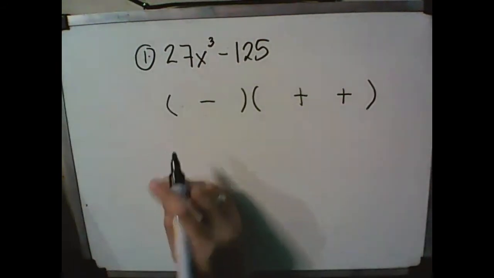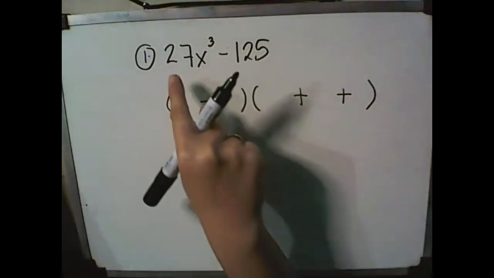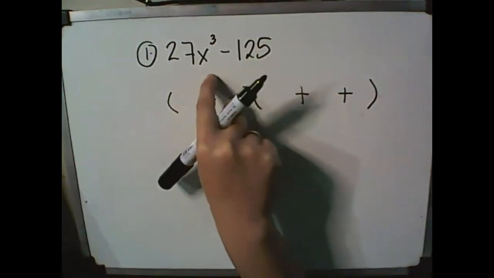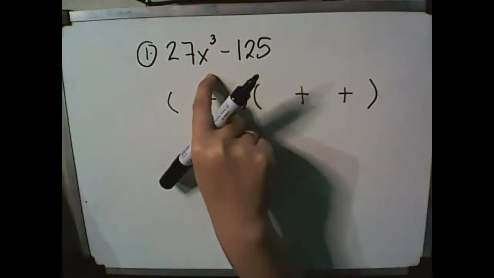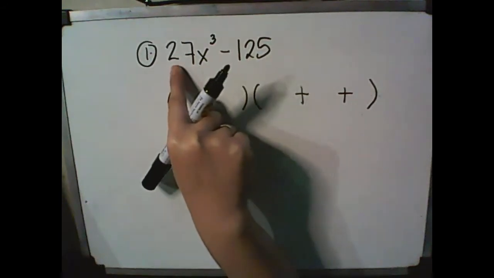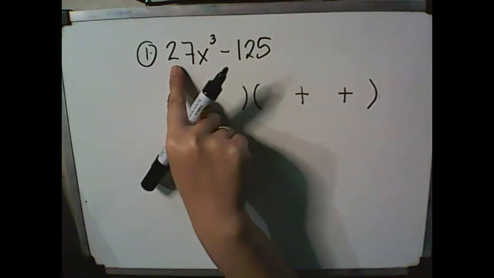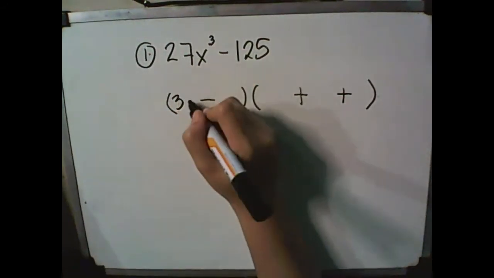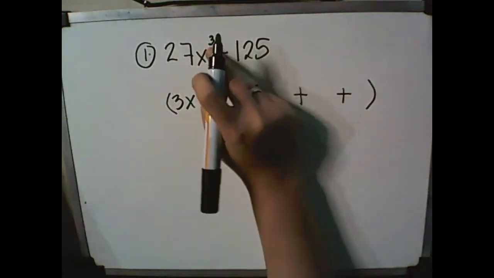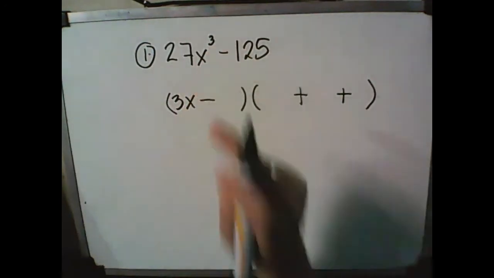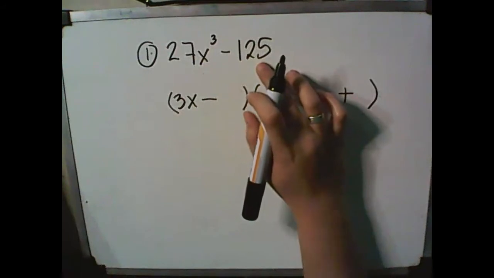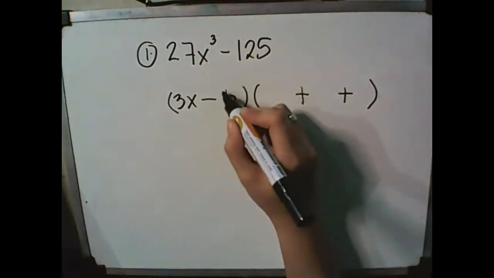First step is get the cube root of our first term. So what is the cube root of our first term? 3. The cube root of 27 is 3. How about its variable? X. Because 3 divided by 3 is 1. So, how about 125? The cube root of 125 is 5.